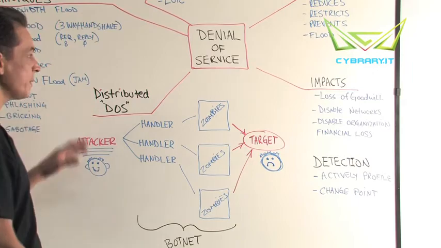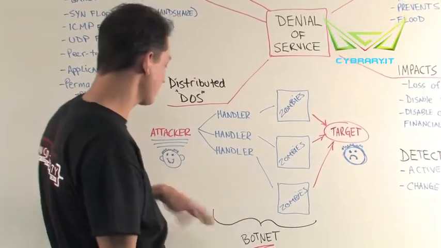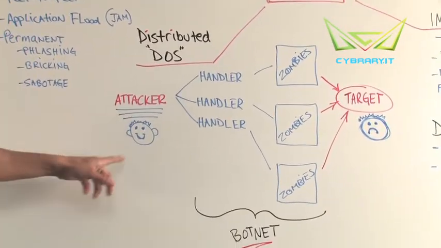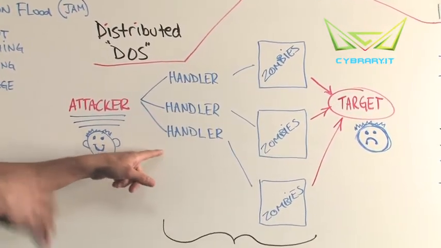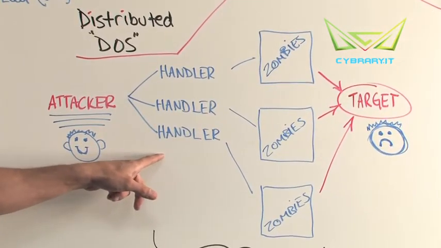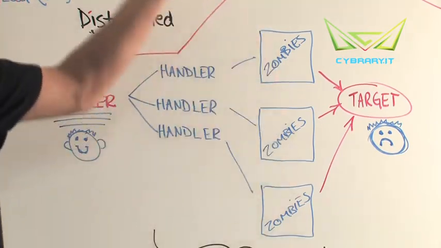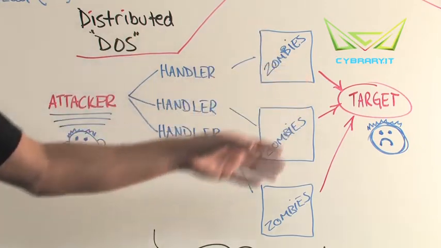So distributed denial of service really has an architecture map to itself. Over here you have the happy attacker, and they create handlers, or middlemen, or middle computers, as we say, to ultimately find zombies, computers or people that don't know what they're doing, to go attack a target.